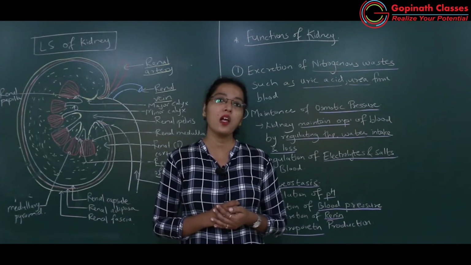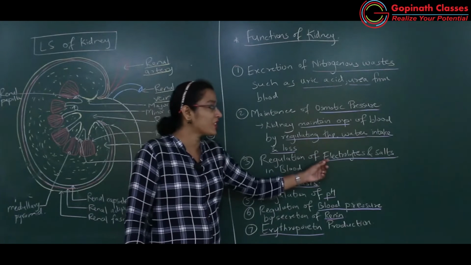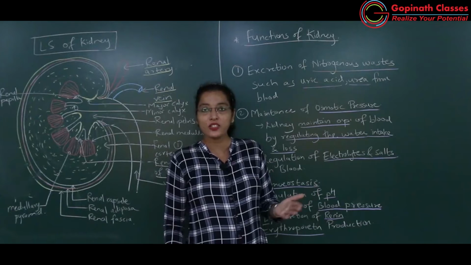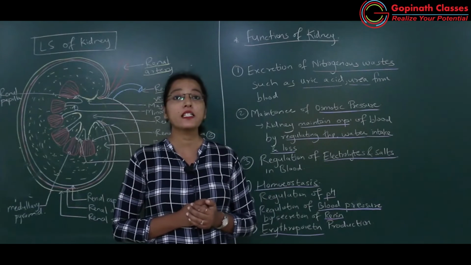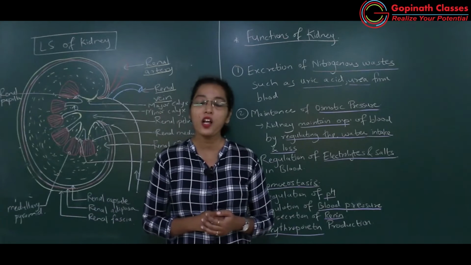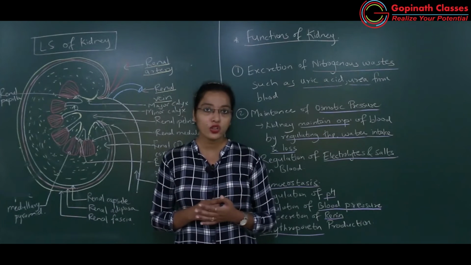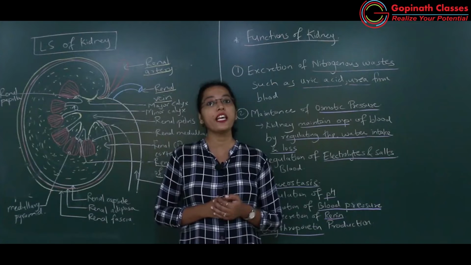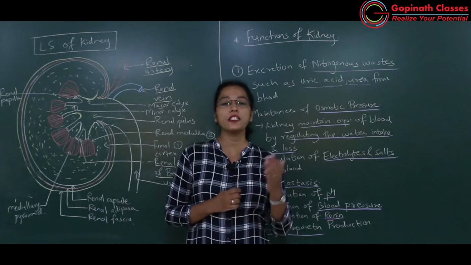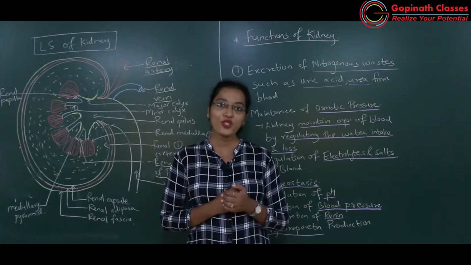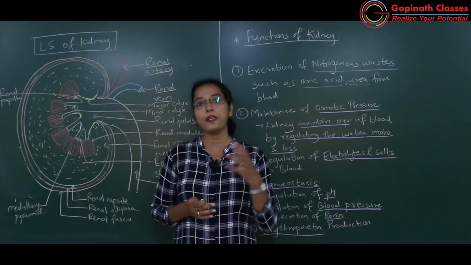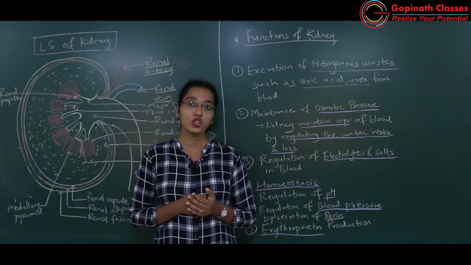So how will kidneys maintain the proper concentration of electrolytes such as sodium, potassium, then bicarbonate? By selective reabsorption. We'll be learning in the mechanism of urine formation that kidney is also responsible for selective reabsorption. Selective reabsorption means whenever urine is produced by the nephrons of the kidney, in some regions of the nephron there will be reabsorption of the salts.